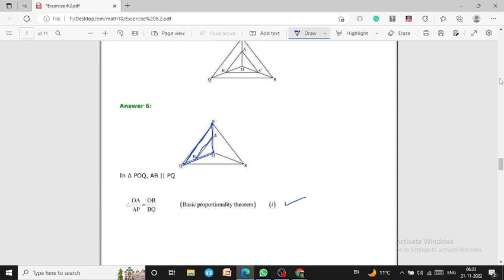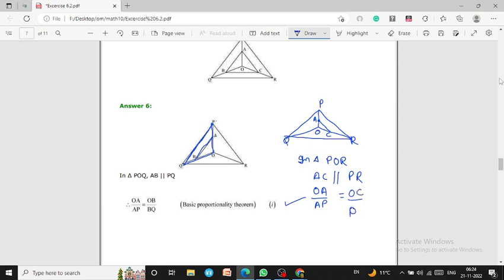Now here we take the second side. This is AC parallel to PR. Then we can say that in triangle POR, AC is parallel to PR, so according to the BPT theorem, OA over AP is equal to OC over CR.